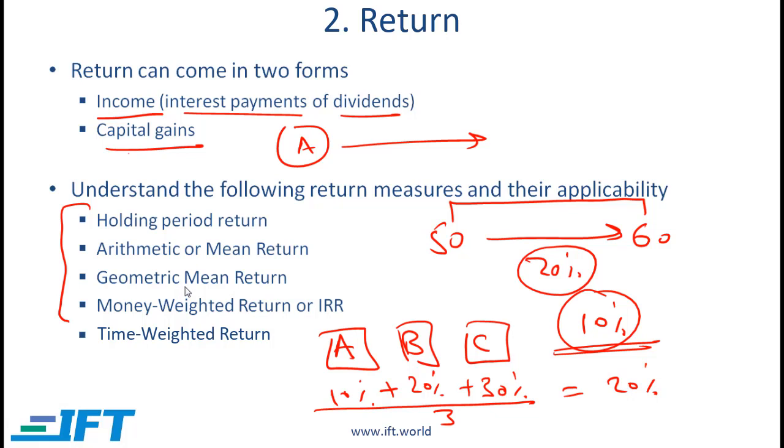Geometric mean is useful when you are looking at time series data. If you have stock A and your returns on stock A over the last 3 years were 10%, then 20%, then 30%, and the question is, what was your mean return?